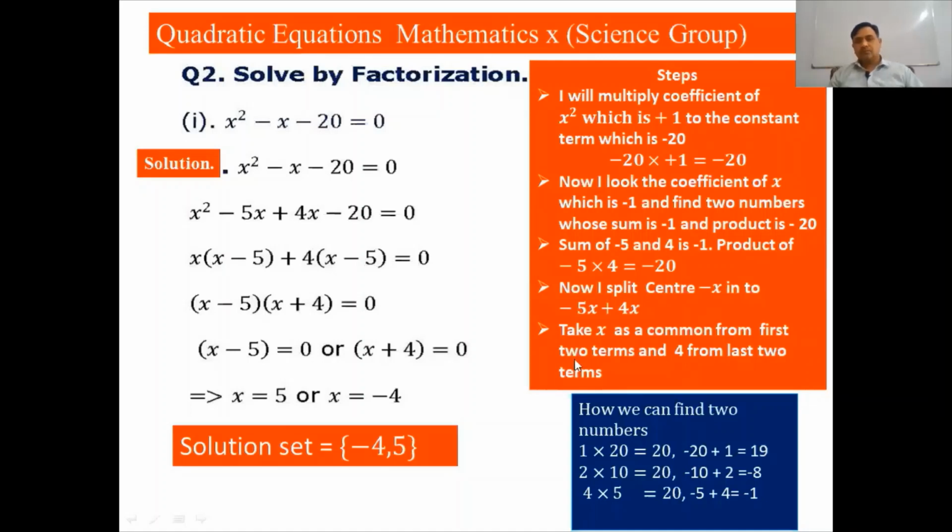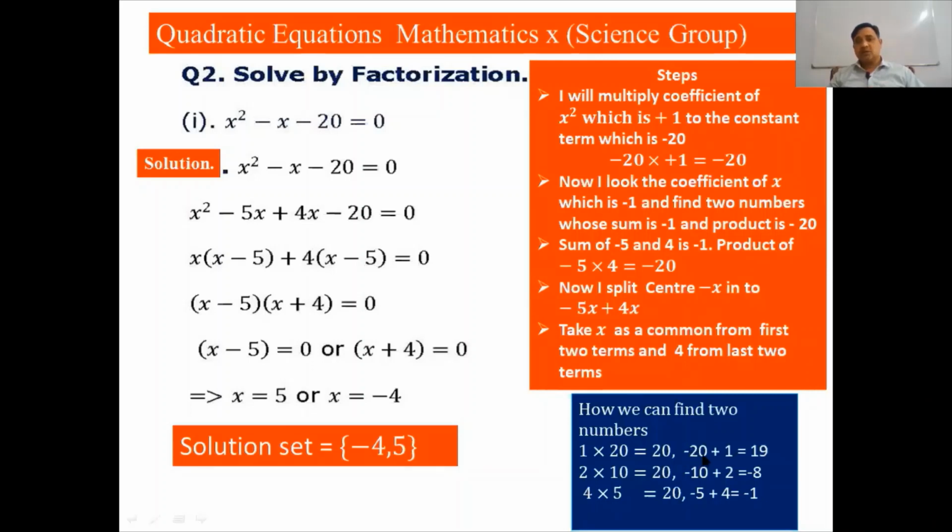Now, how can we find two numbers? First, if we take 1 and 20, 20 times 1 is equal to 20, so one factor is 20 and the second is 1. Here the sign of b is negative, so the larger number will take the negative sign and the smaller number will take the positive sign.